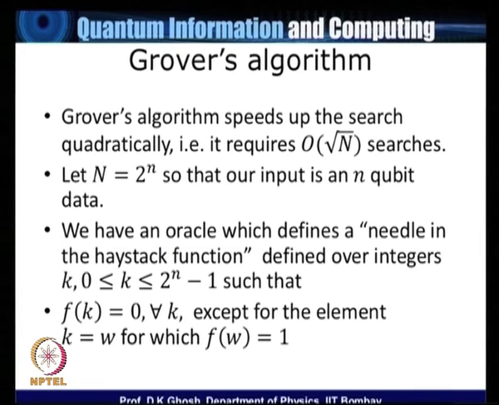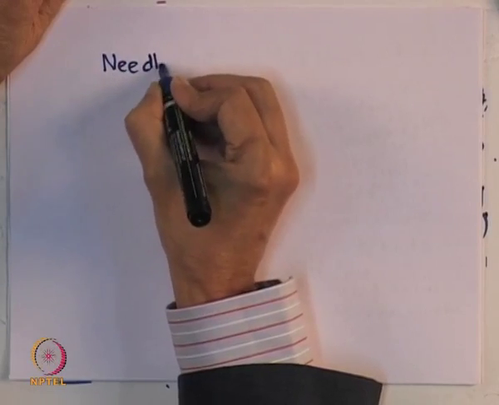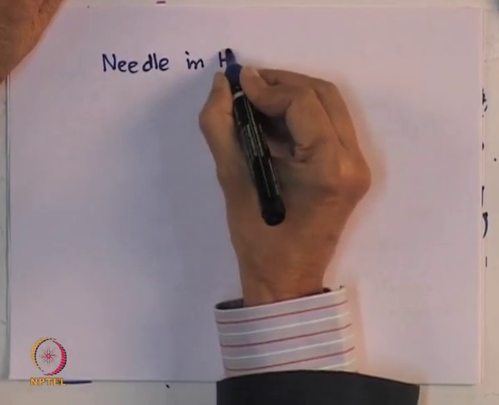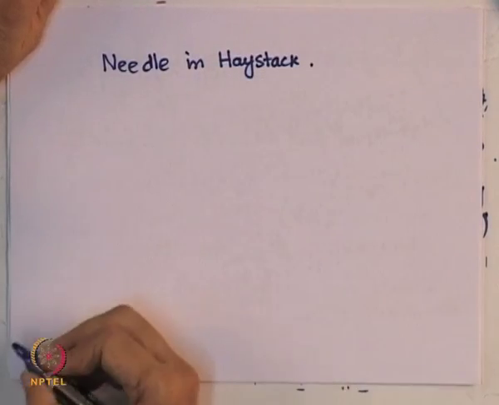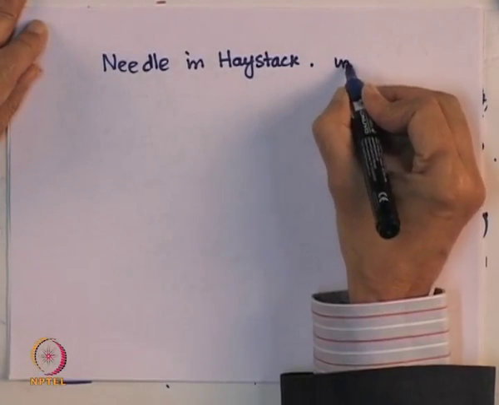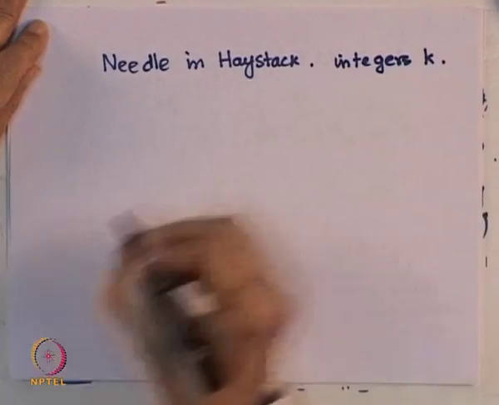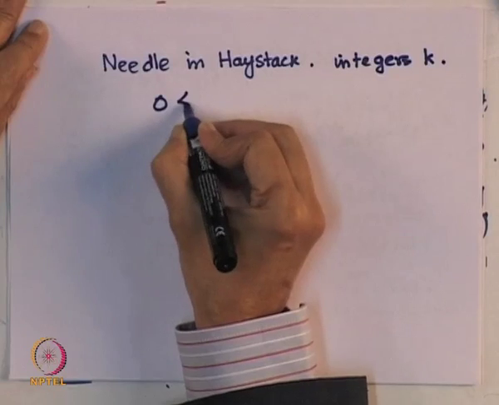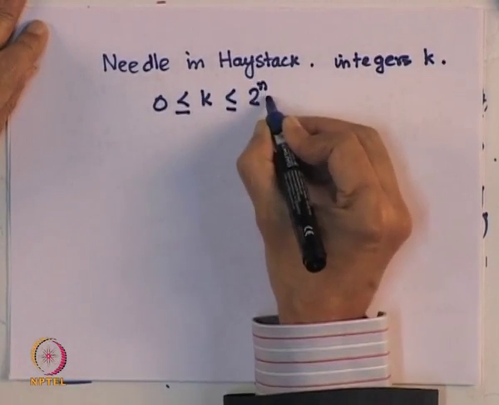The needle in the haystack function is defined over a set of integers k. So, k is a number which runs from 0 to 2 to the power n minus 1.